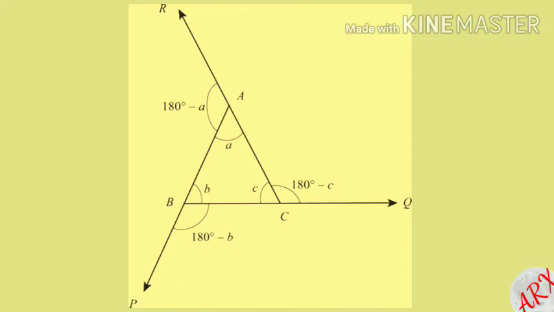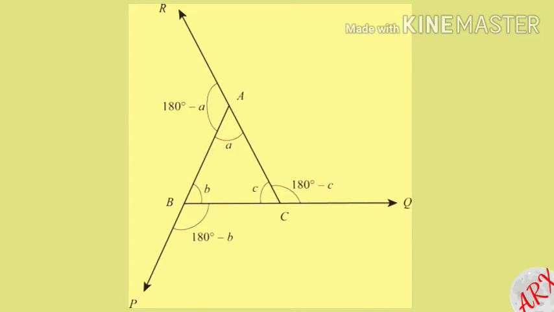In triangle ABC, you can see exterior angles on the screen. Angle ACQ is an exterior angle and it is a linear pair with angle ACB. If angle ACB has a measure of C degrees, then angle ACQ has a measure of 180 minus C degrees.